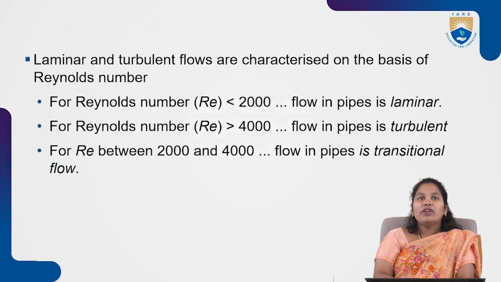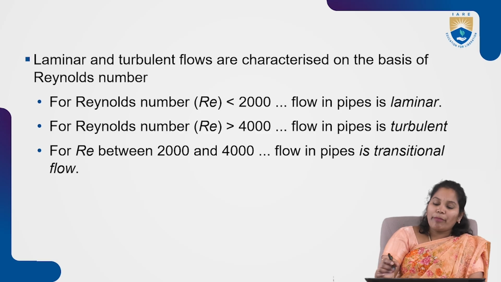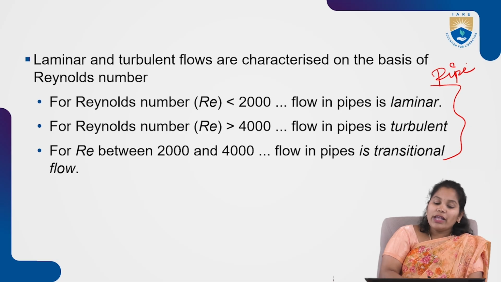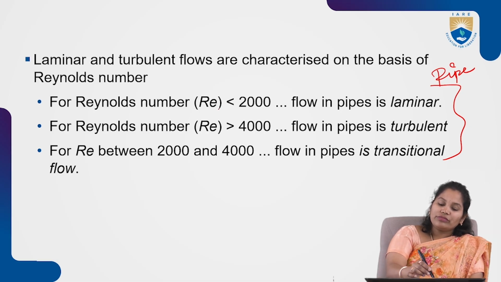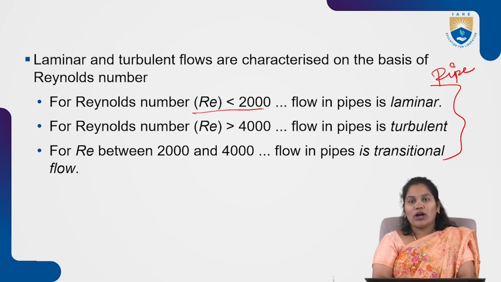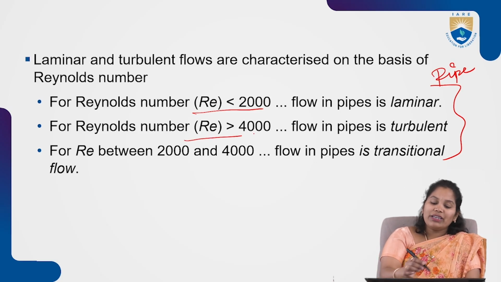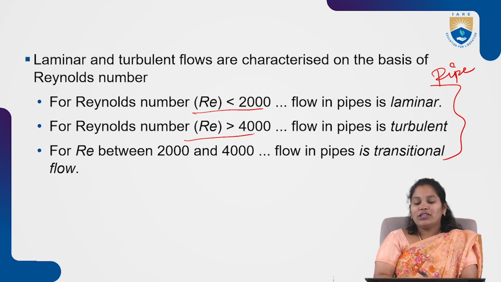So this is all for pipe flow, right? If the Reynolds number is less than 2000, then we call the flow laminar flow. If the Reynolds number is greater than 4000, then the flow is turbulent flow.